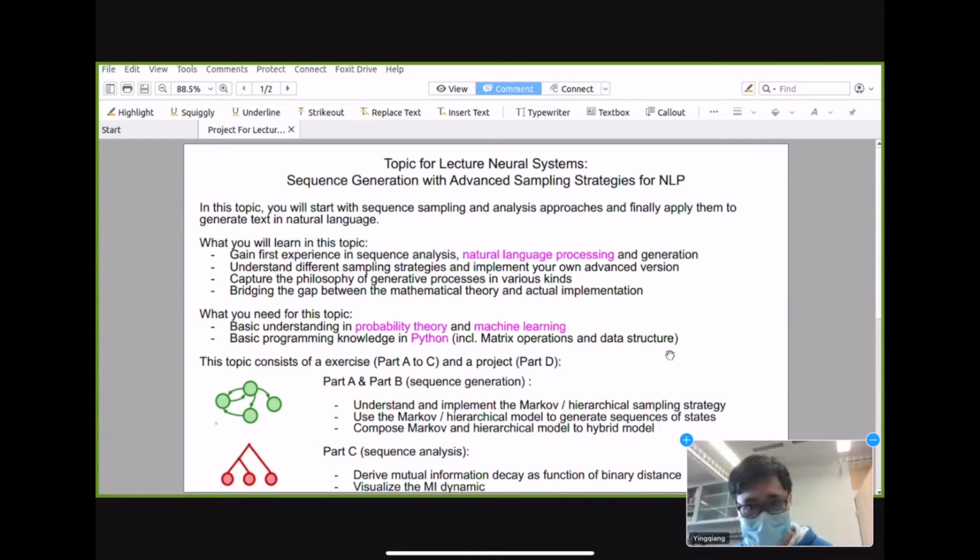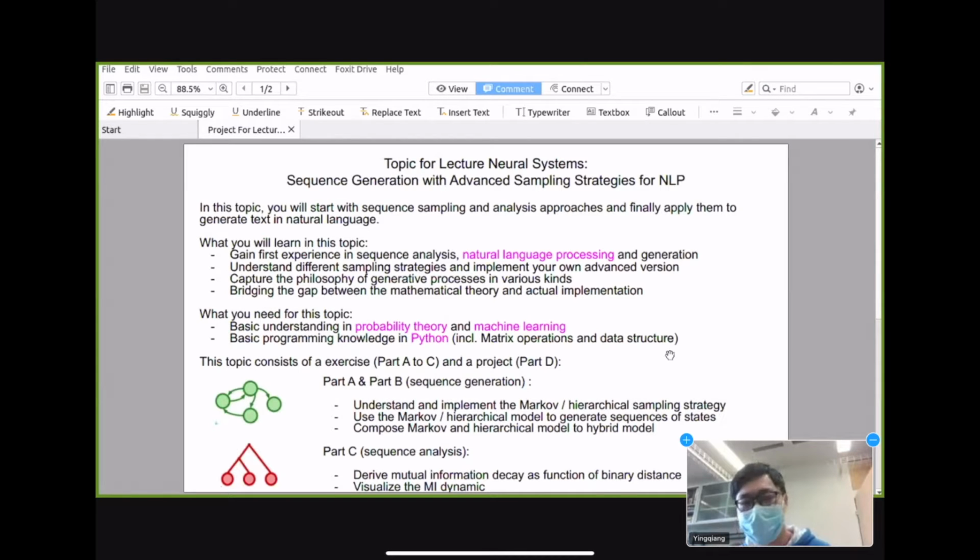And what are you going to learn in this topic? You will gain your first experience in sequence analysis and natural language processing, of course, as generation. You will understand different sampling strategies and implement your own advanced version. You will also capture the philosophy of the generative process in various accounts.